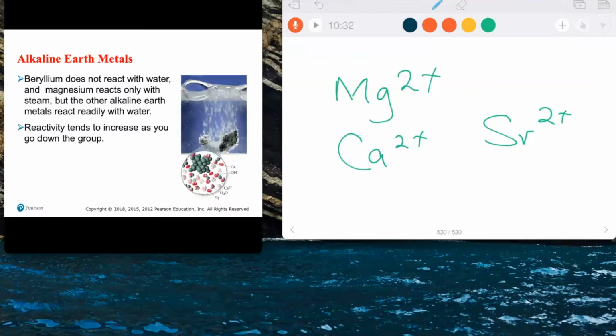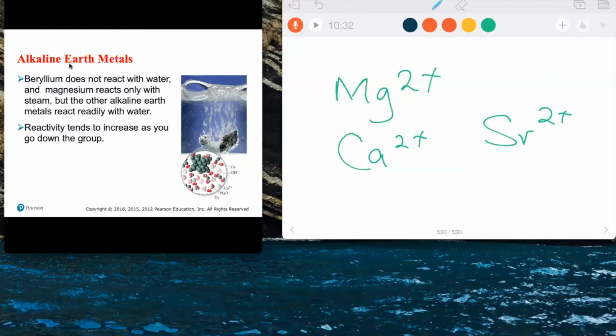Beryllium, in group 2, does not react readily with H2O, but magnesium reacts with steam. Group 1 reacts with H2O. Groups 1 and 2 you'll see sometimes being referred to as active metals because of their reactivity.